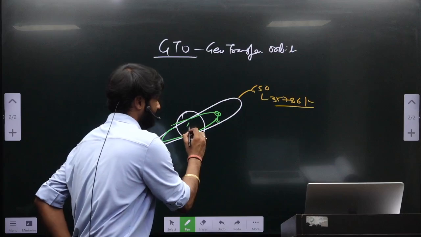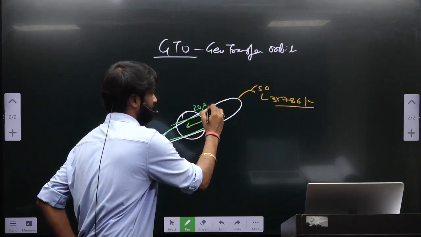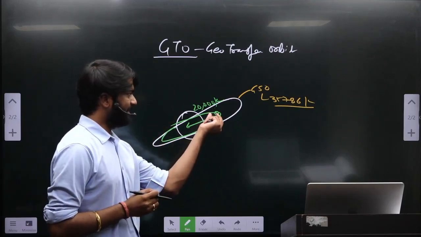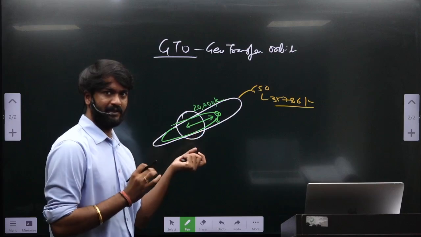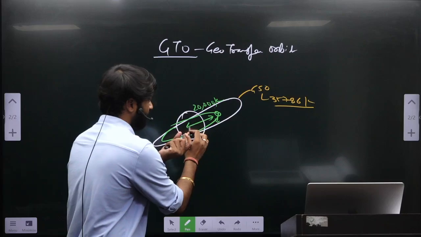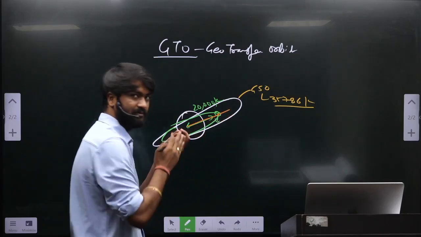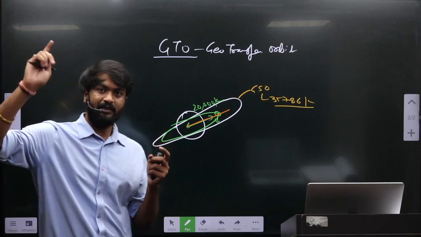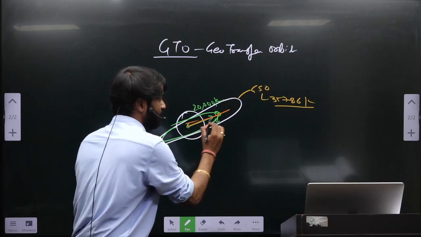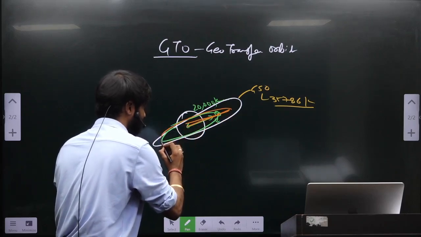Let's say this orbit is somewhere around 20,000 kilometers, but whenever my satellite comes here, I'm decreasing the speed. What will happen? Whenever I'm decreasing the speed, the satellite will be forced to move ahead. If you remember, speed will come down, radius will increase. So my satellite will now be forced to move ahead, and this will be the new position of the satellite.